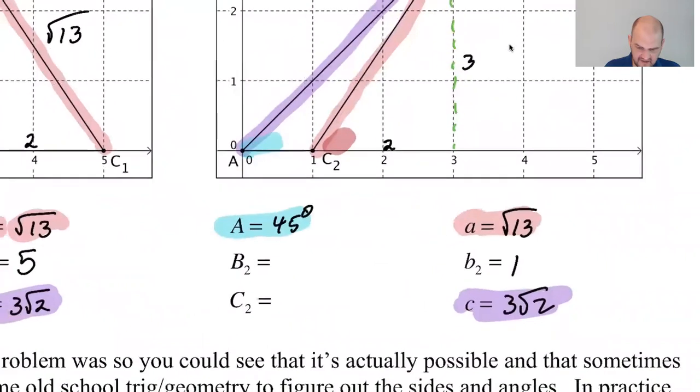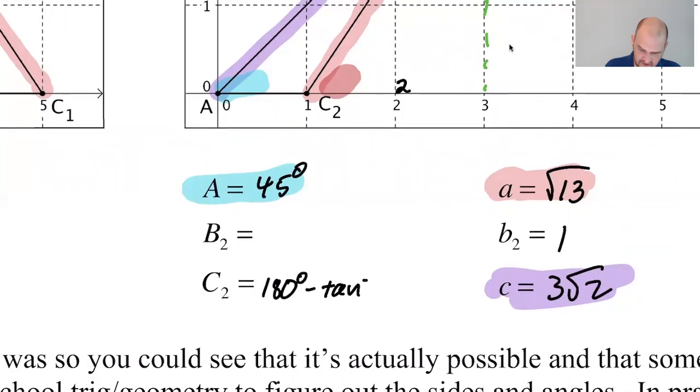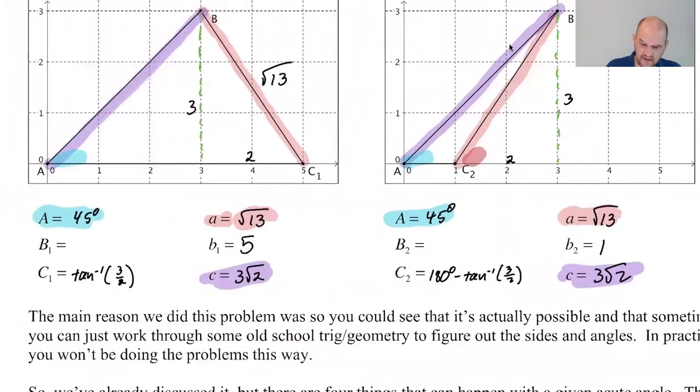So angle C for this triangle is 180 minus tan inverse of 3 halves. And since it's 180 minus tan inverse, now look at that. I'm going to highlight that. This and this are supplements.